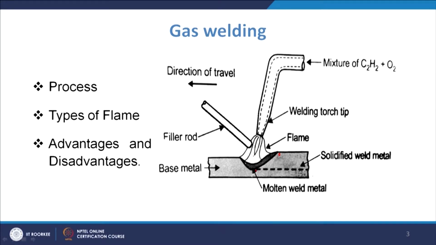Then slowly you can move further, and this way the deposition of weld metal will take place. In this case there are many other operational parameters, like forehand welding or backhand welding.